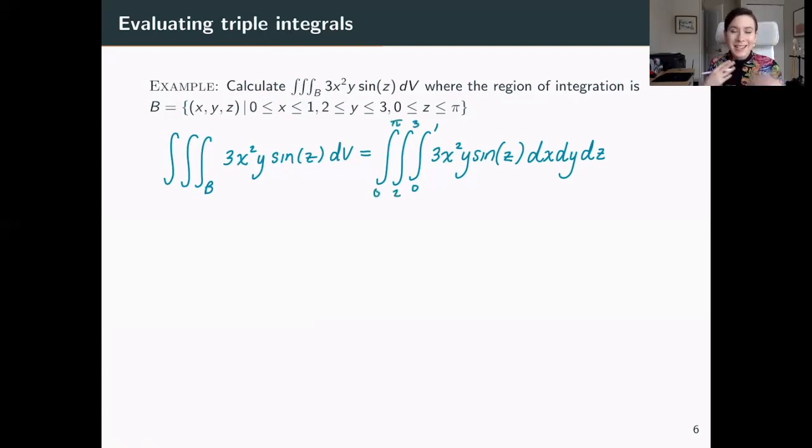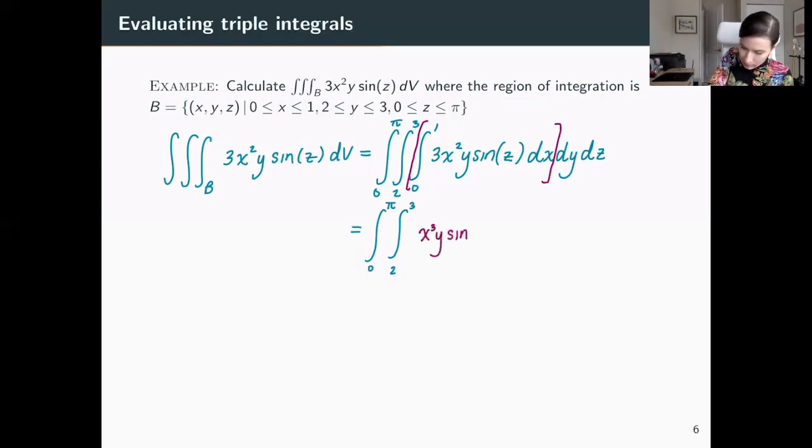We evaluate this in the exact same way as before. We focus on the inside part with our first variable, x. So this is equal to the integral from 0 to pi, the integral from 2 to 3, and integrating with respect to x we're left with x cubed y sine of z evaluated from 0 to 1, with dy and dz on the outside.